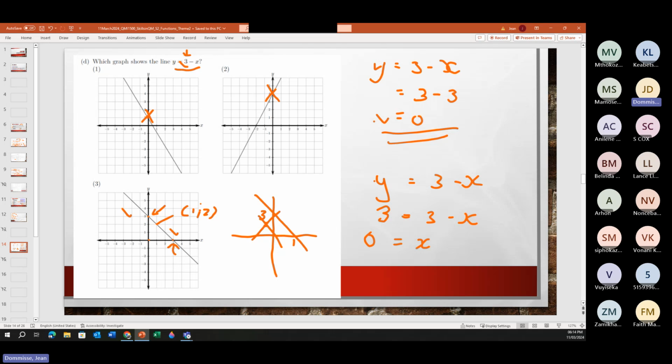So if we have done that, again, we could have looked at x is 1. So 3 minus 1 is 2, and we see it is 2. So again, there's a few ways that you can test if this is the right line for that formula.